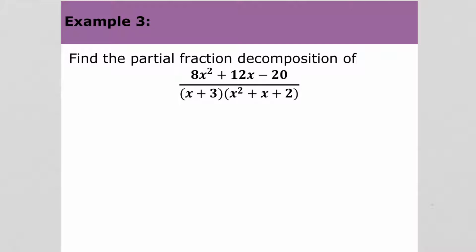Since it's a quadratic, that makes us do something a little bit different. So, what we've got is just rewriting what I've got to start with, because we'll have to multiply with it anyway.